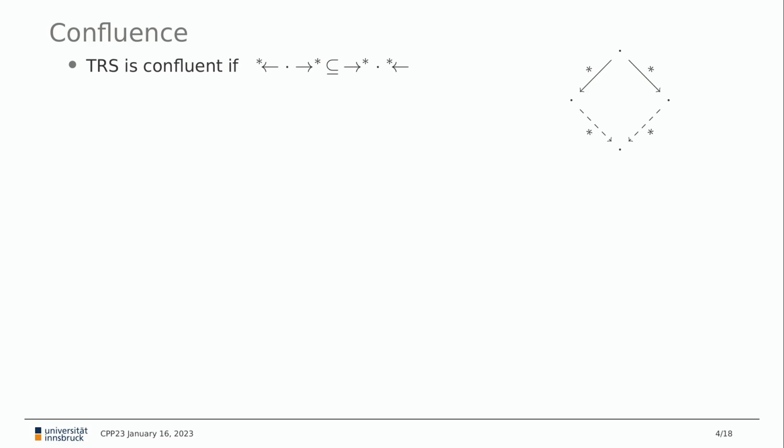So you can join to the same term again. If a term rewrite system has this property that you can always draw diagrams like these, then it is confluent. And the nice thing about this is that it guarantees unique normal forms of the term rewrite system. A normal form is something where you can't do any more rewriting, where no rewrite rule applies, and we are generally interested in the normal forms of a term rewrite system, so it's good to know that we have unique normal forms.